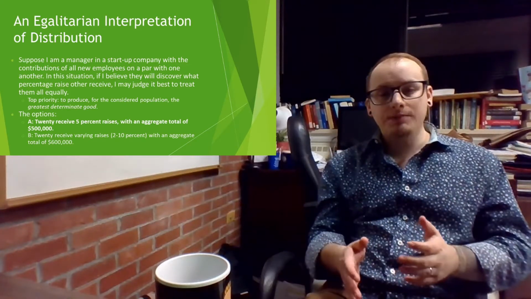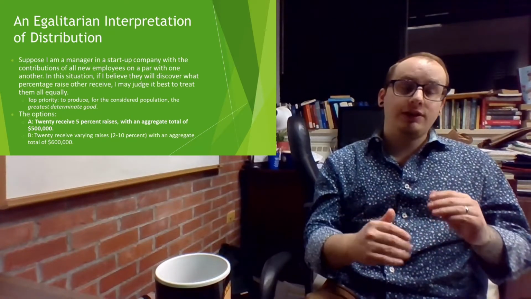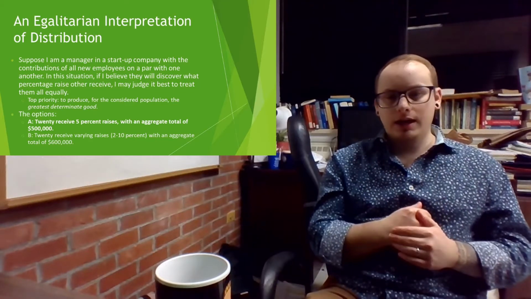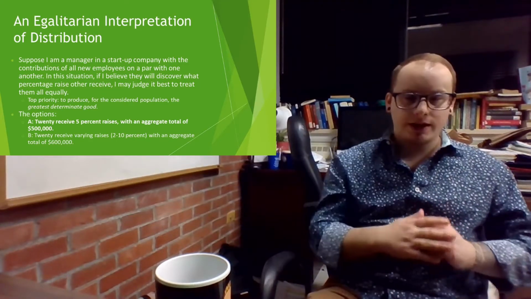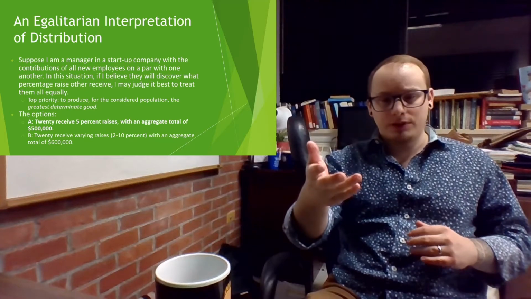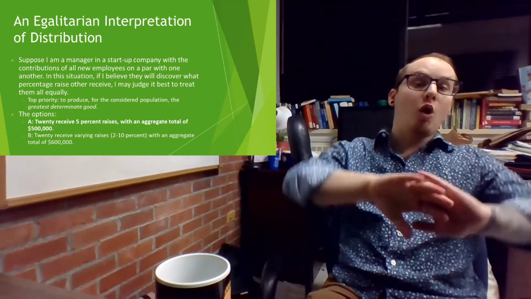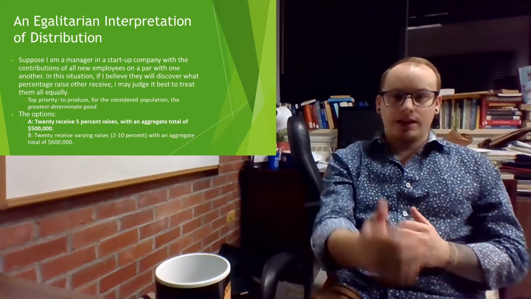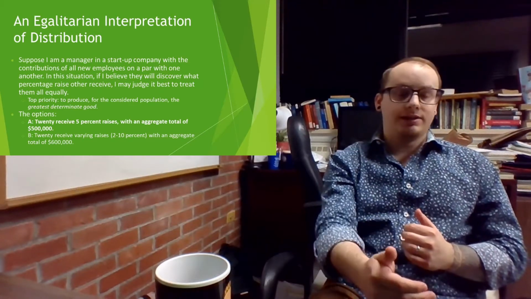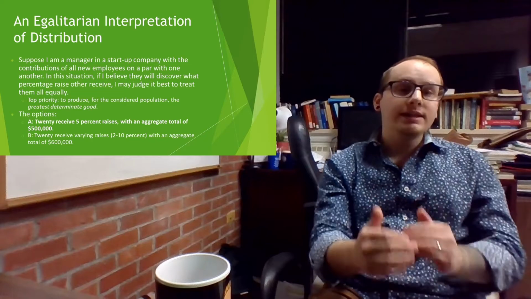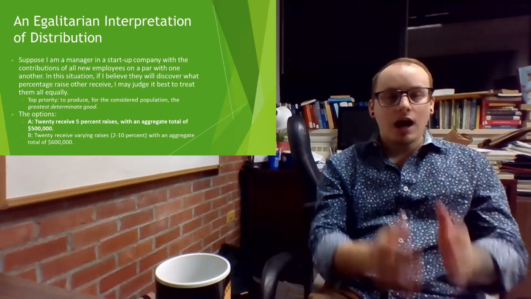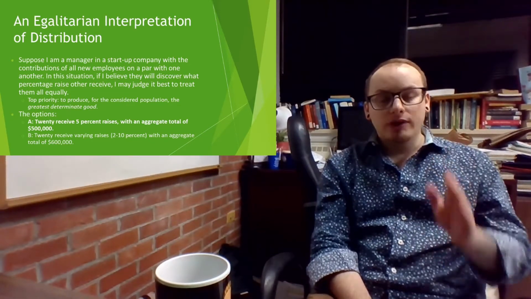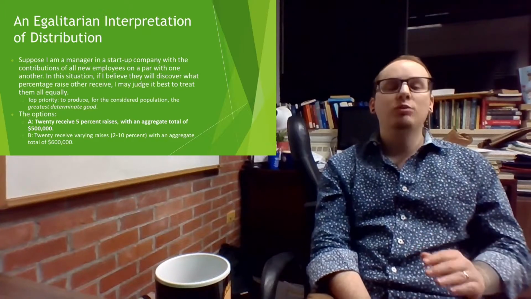Or option B, where my 20 employees receive varying raises, where some might receive a 2% raise, some a 3%, some a 5%, where I'm actually able overall to spend more money, $600,000, giving them raises.